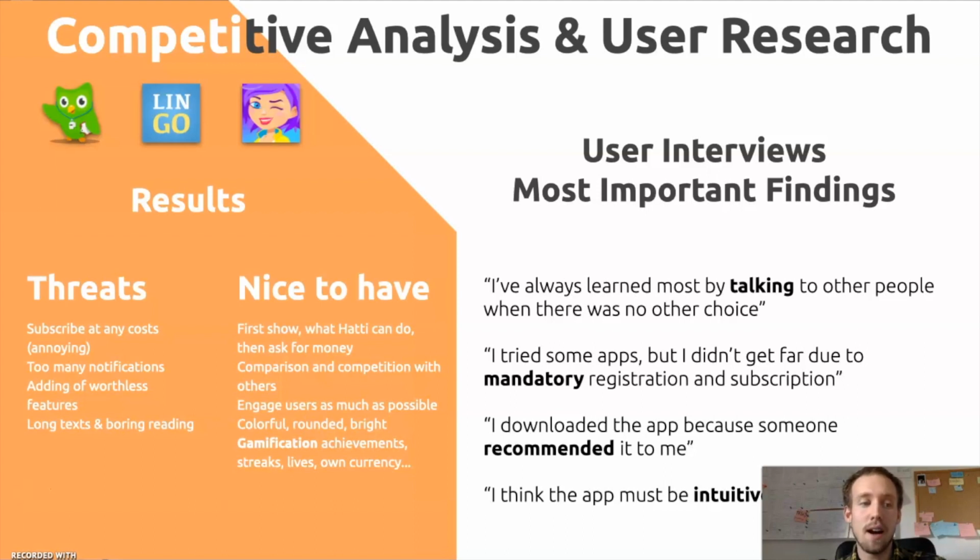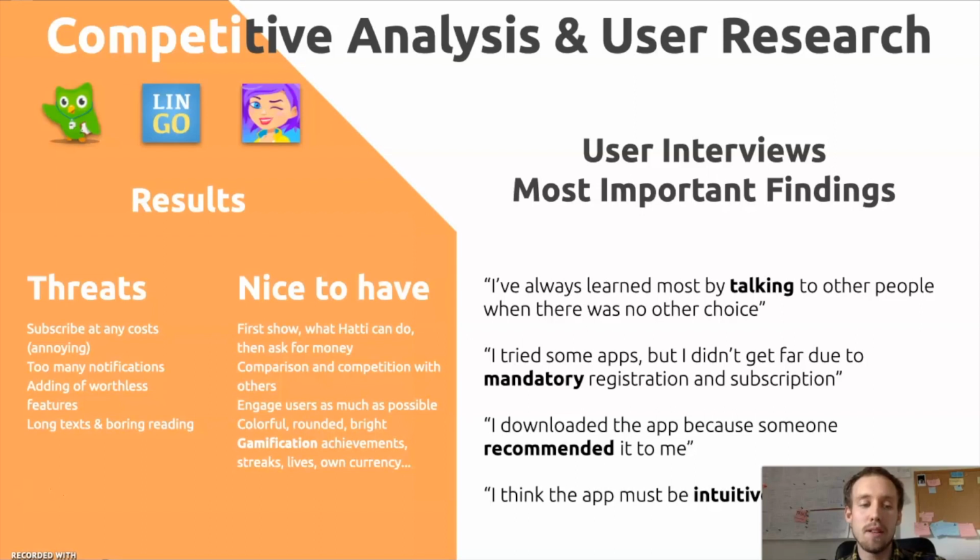Threats are asking to subscribe or notifying at all costs until it gets annoying. Features in an app should make sense, and if the text is too long, the users will lose their attention. On the other hand, nice to have would be first to show what HATI can do and then ask for users' money.